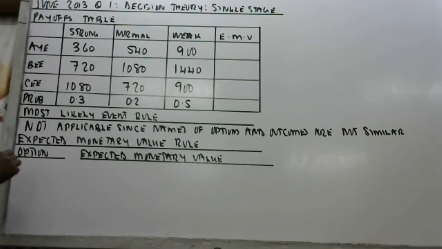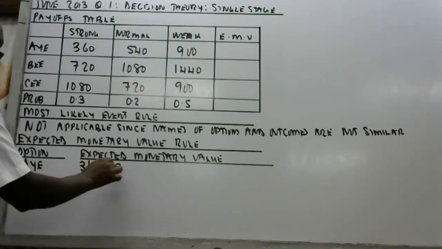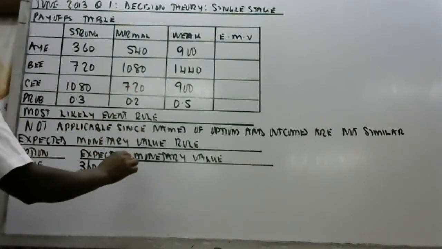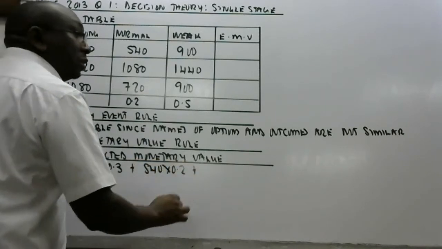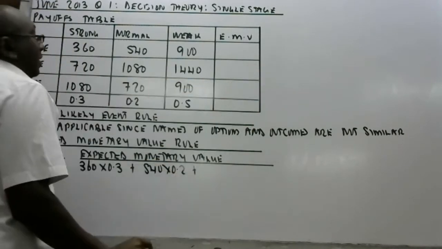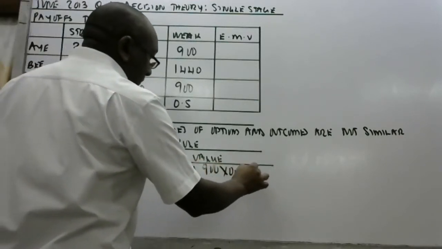So let's start with A. When we go to A, you will take 360 multiplied by 0.3 plus 540 multiplied by 0.2 plus 900 multiplied by 0.5.